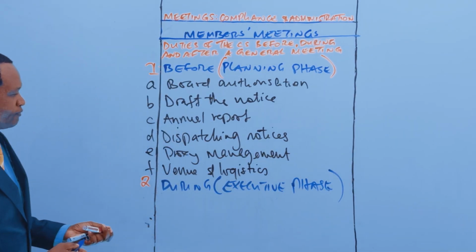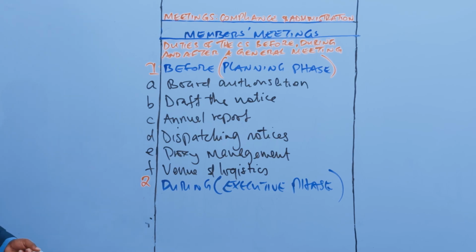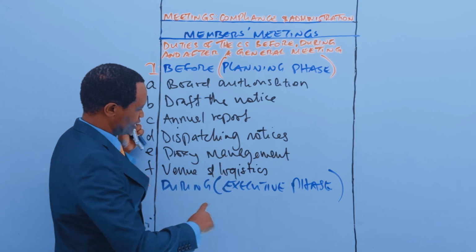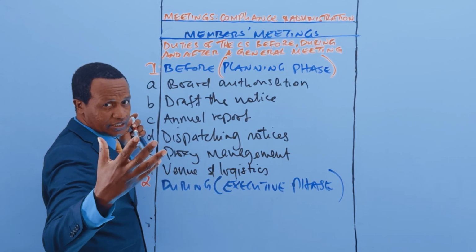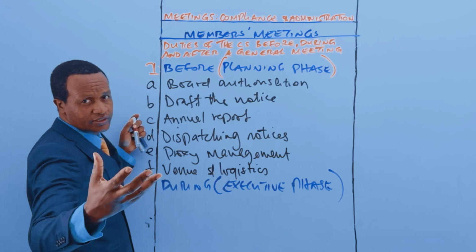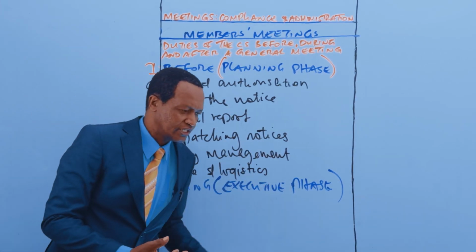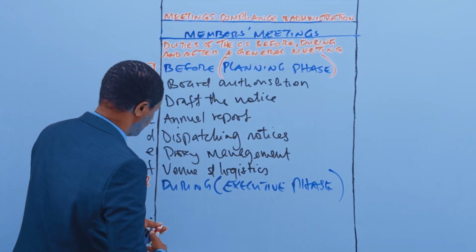What is the role of the company secretary? Once the meeting begins, the secretary acts as the legal referee and the official recorder of the minutes.